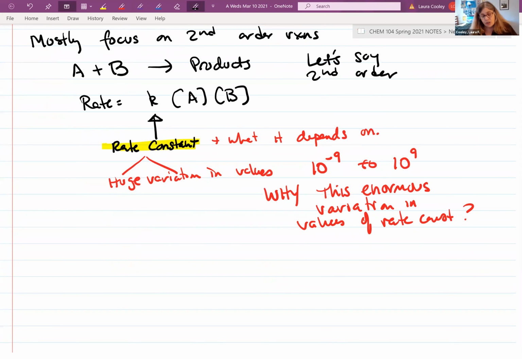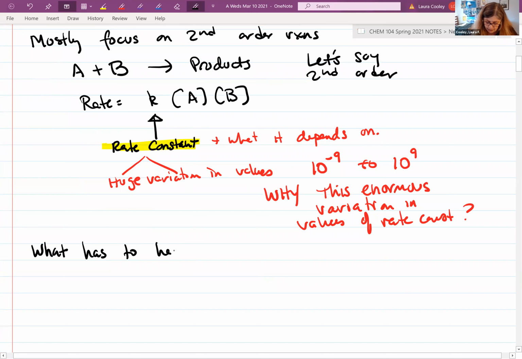Okay, and like I said, it has to do with what has to happen in a reaction. So we'll just write that down. What has to happen in a reaction, in particular one involving a collision between two molecules, because you can have a reaction where one molecule just sits there and decomposes into something else, breaks down.